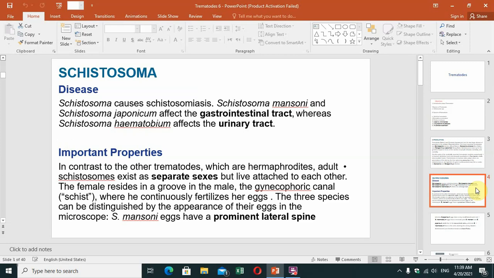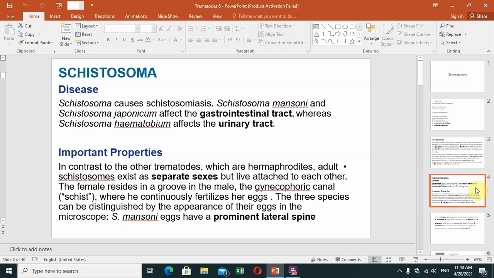تقريبا جميع أنواع التريماتود تكون hermaphroditic. يعني hermaphrodite يعني تكون خنثى, in which the male and female reproductive organs are usually found in the same organism، بينما الشستوسوما تكون الmale and the female separated but are usually found together or attached with each other.